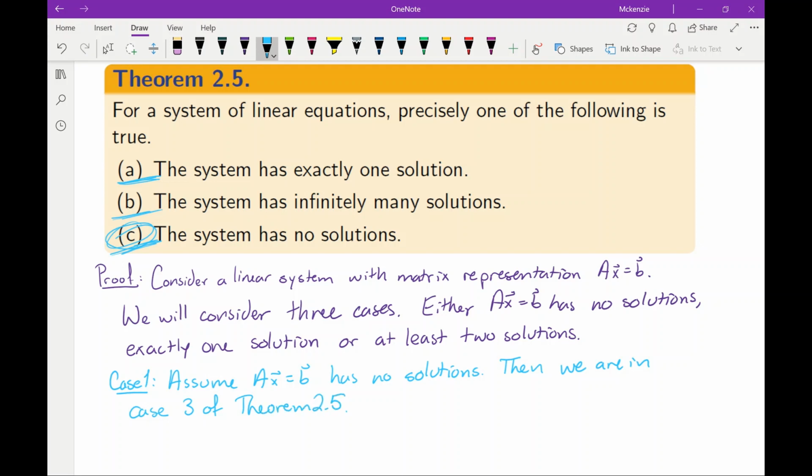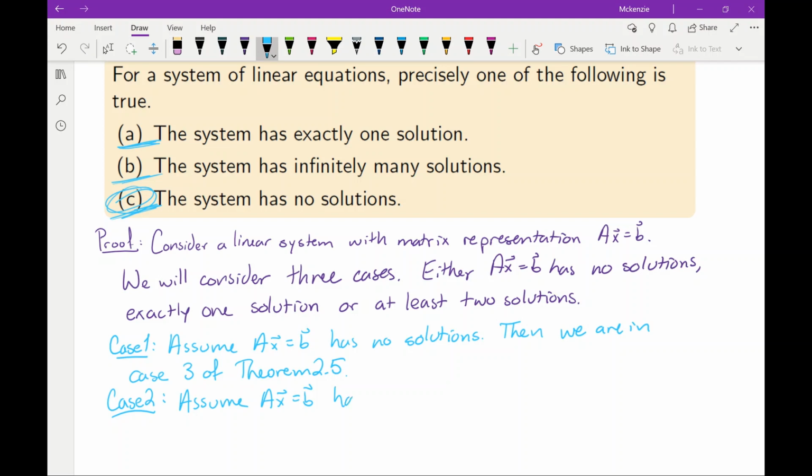Alright, so let's similarly do case 2. Assume Ax equals b has exactly one solution. Well, then again, we're already done.